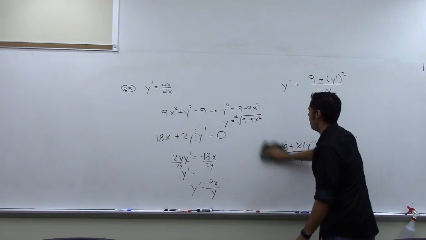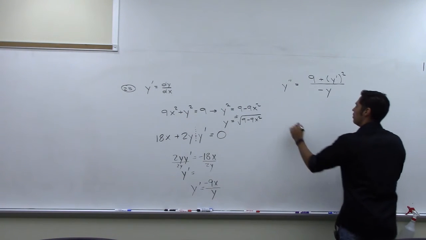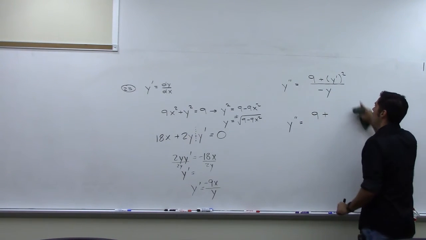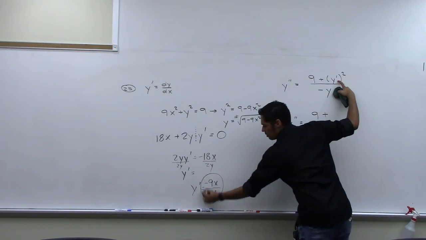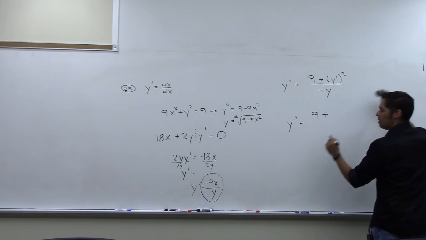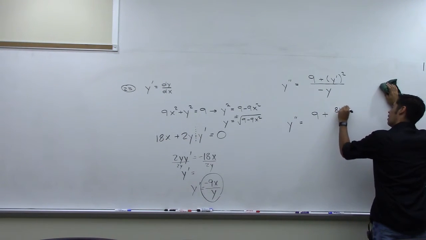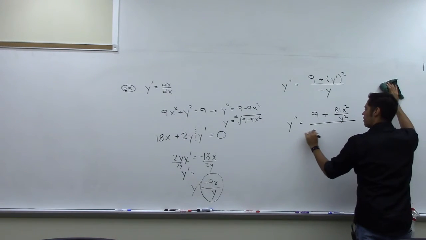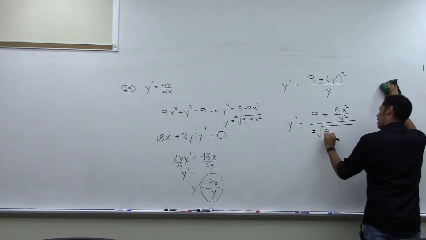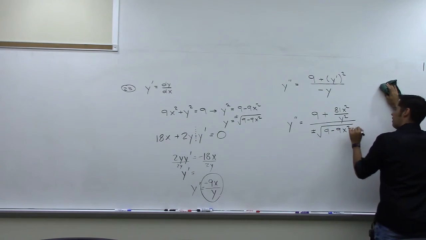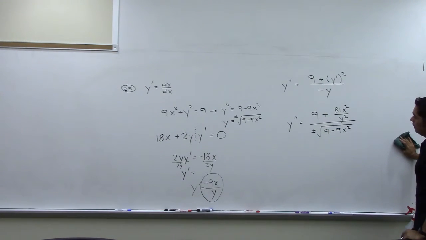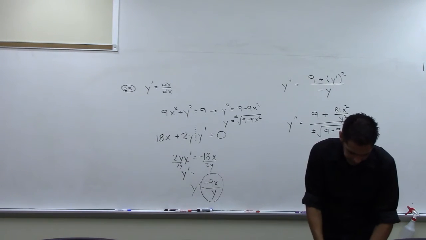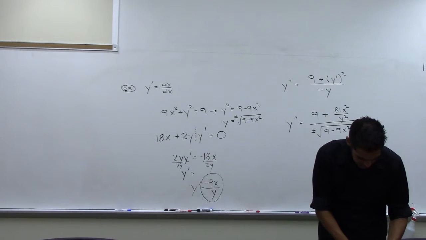So now let me try and rewrite this. y double prime will be equal to 9 plus y prime, which is this, but squared. So square the top and bottom. You should get 81x squared over y squared, over plus or minus the square root of 9 minus 9x squared. And that does not look like a pretty thing. Let me see.